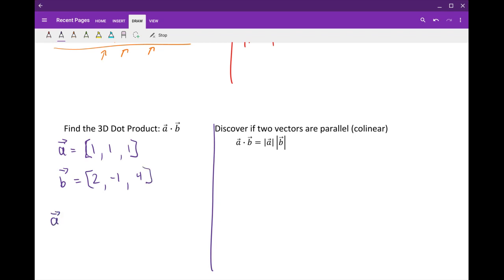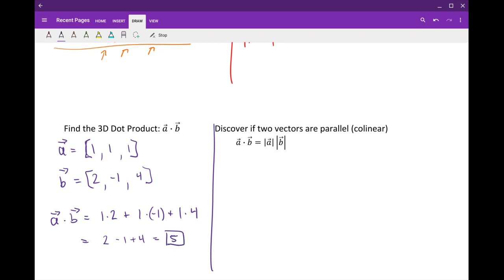What's A dot B? Well, it turns out it's 1 times 2 plus 1 times negative 1 plus 1 times 4, for a total of 2 minus 1 plus 4, or a total of 5.